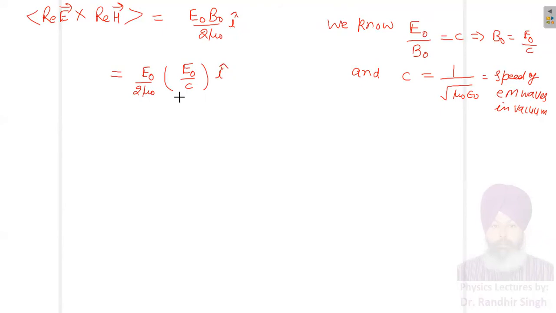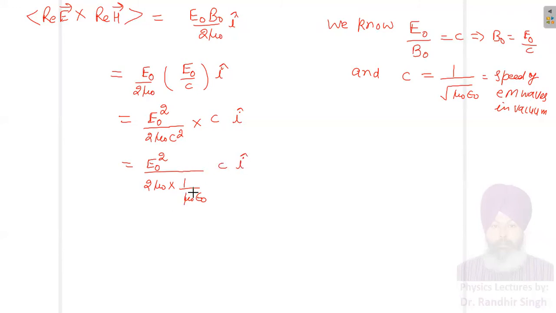Now I am going to do a mathematical trick. It will become E0 square upon 2 mu 0, and I will write it as c square multiplied by c and i cap. This is a mathematical trick: I have divided and multiplied the right hand side by c. Now if I further simplify this, it will become E0 square upon 2 mu 0 into c square, which is actually 1 upon mu 0 epsilon 0, and this is c, this is i cap.